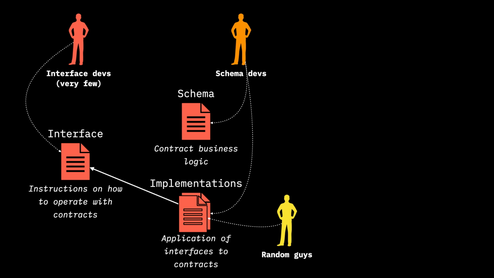The users will be able to interact with the smart contracts in a new way without modification of the smart contracts themselves. These interfaces and interface implementations can then be published and distributed across users as binary files or as text files.